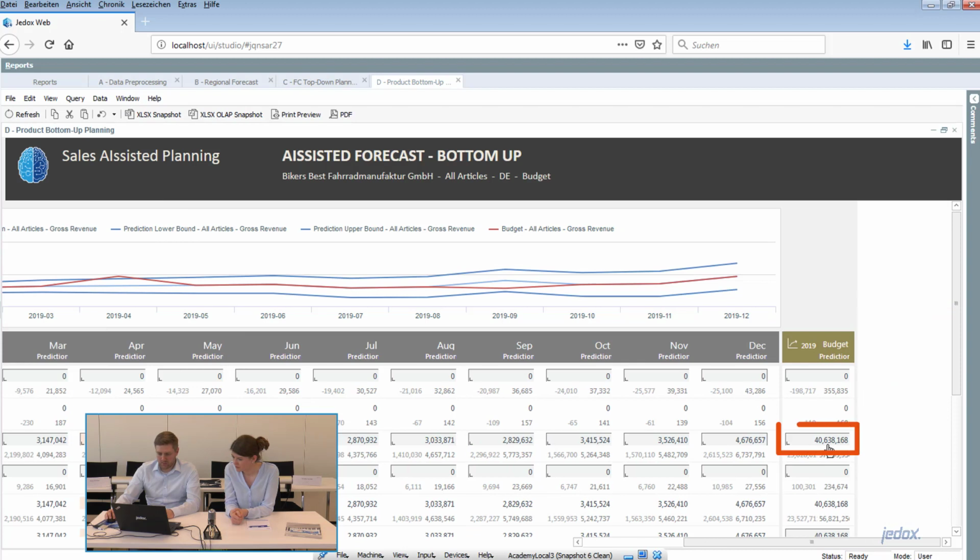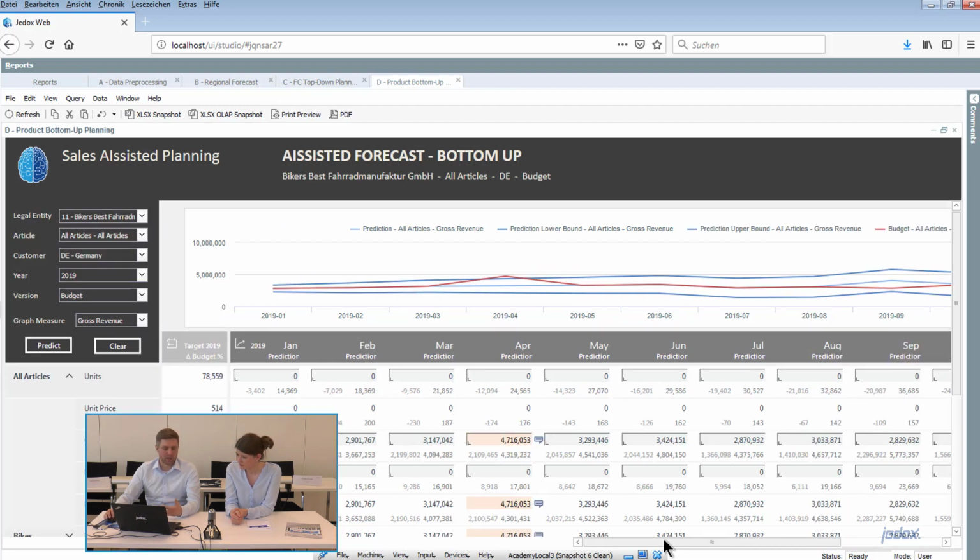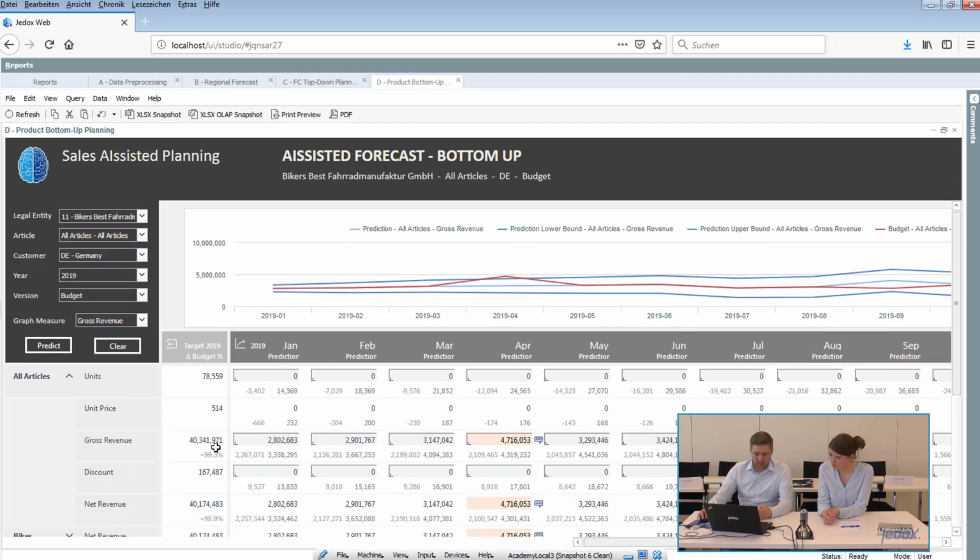Okay, so we have 40 million here from our adapted automatic forecast. And we have 40 million here, so we are matching. So this is good. The forecast also matches what the top-down planner has entered.